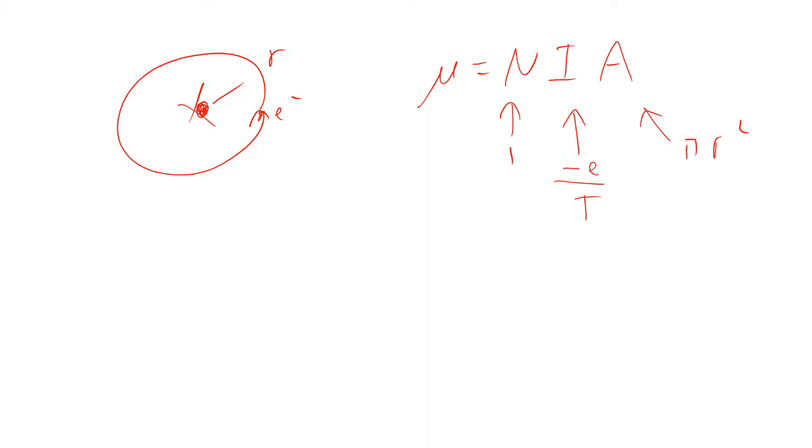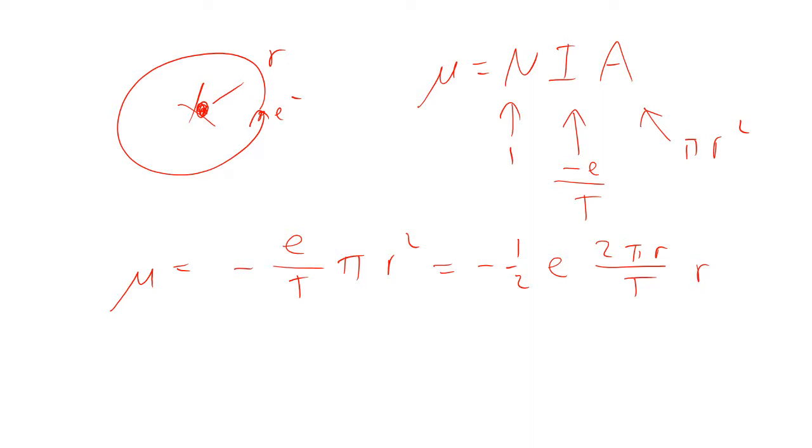So if I look at that, the magnetic moment would be minus e over T times pi r squared. Okay. I'm going to do a little algebra here. So minus 1/2 e, and then 2 pi r over the period, times r.